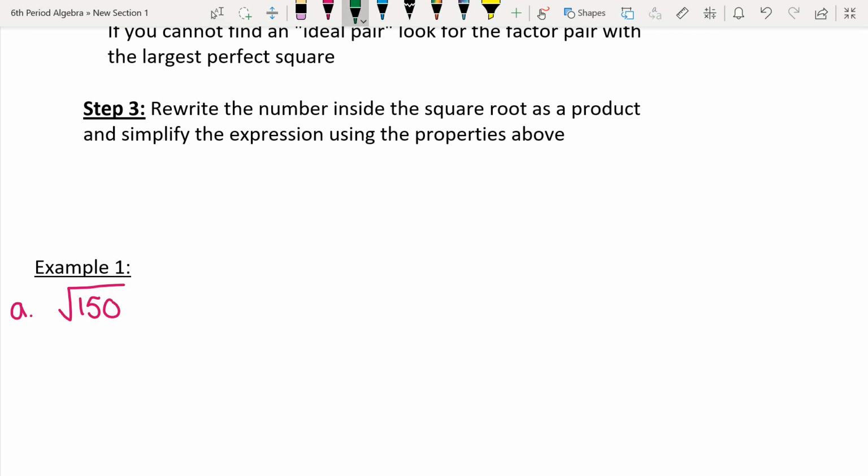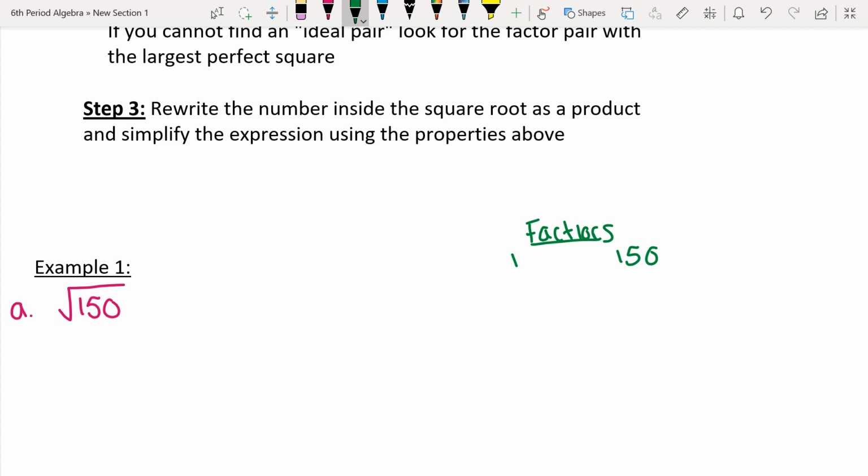If you just look at your divisibility rules, you can start going down the list, starting with 2. If a number's ending in 0, you can divide by 2. So I know automatically there's the original pair 1 and 150.